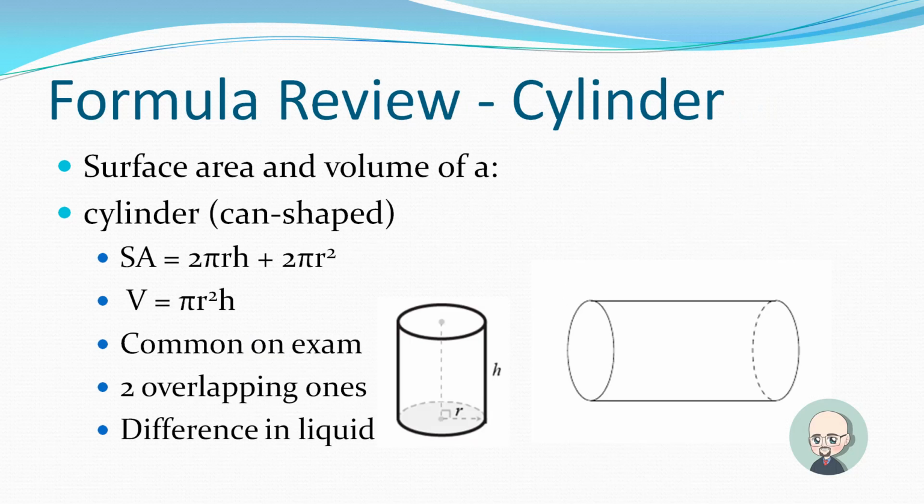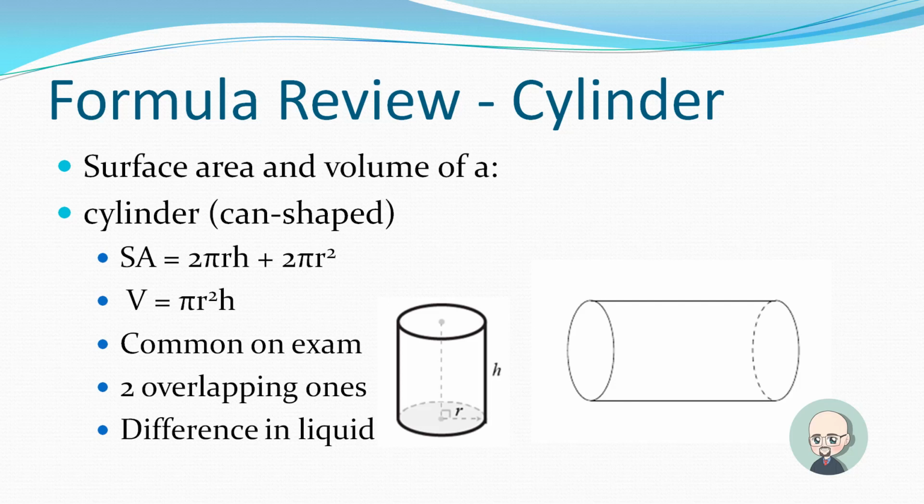Cylinders tend to show up a decent amount of time. They may show up in the form of a can or something. The surface area and volume of a cylinder: surface area is 2 pi r h plus 2 pi r squared. What it's doing is taking the circle and extrapolating that into a 3-dimensional version of that, a cylinder.